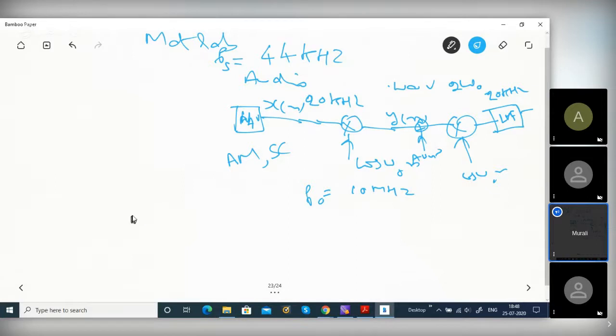Okay. Next, we will introduce a frequency offset. Instead of 10 megahertz, you put 10.001 megahertz. Okay? Right? There is a frequency offset. Why is there a frequency offset coming in the practical system? Because the receiver and transmitter oscillators are independent actually.